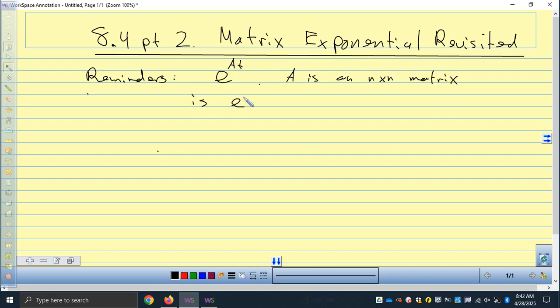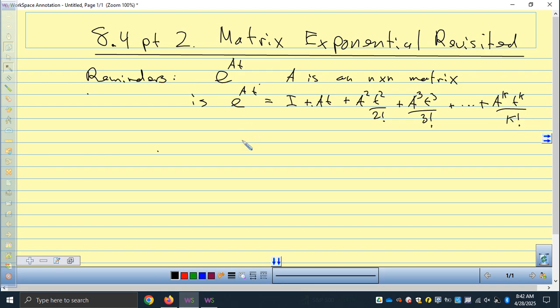We define e to the At with a power series: I plus At plus A squared t squared over 2 factorial plus A cubed t cubed over 3 factorial, and we go up to A to the k t to the k over k factorial.